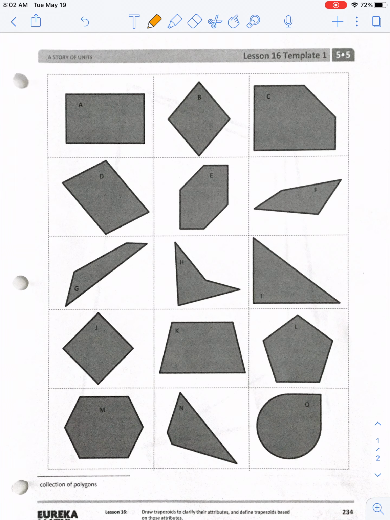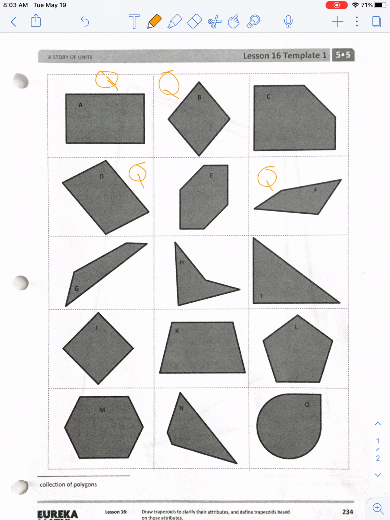So let's look at A. Does it have 4 sides? Good. That's a quadrilateral. B, does it have 4 sides? Quadrilateral. C. No. D, 4 sides? Quadrilateral. E. No, more than 4 sides. What about F? Yeah, quadrilateral.